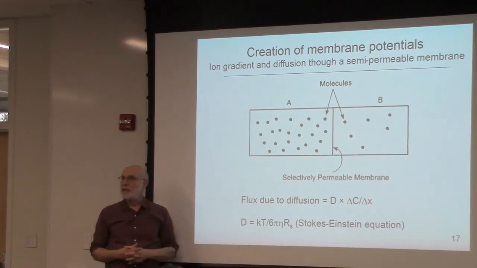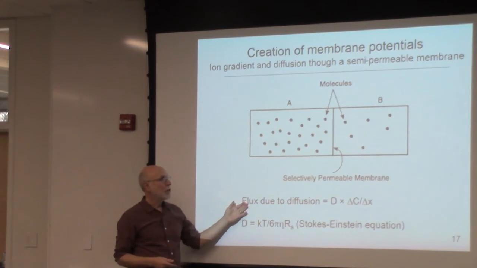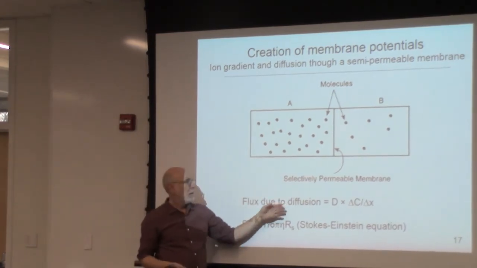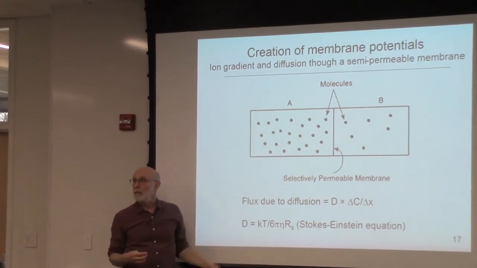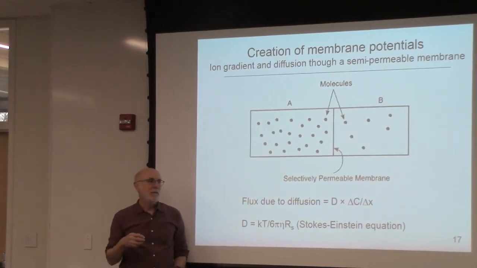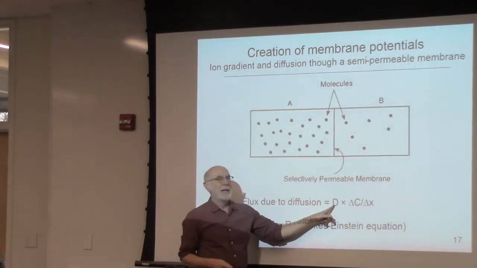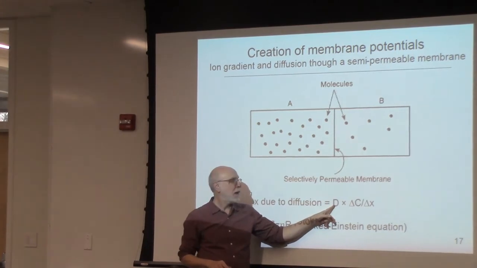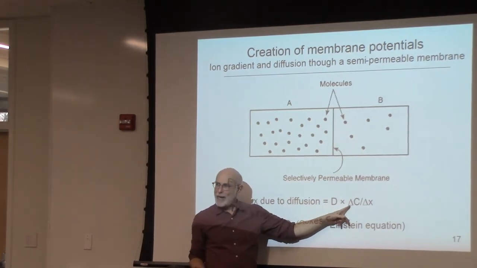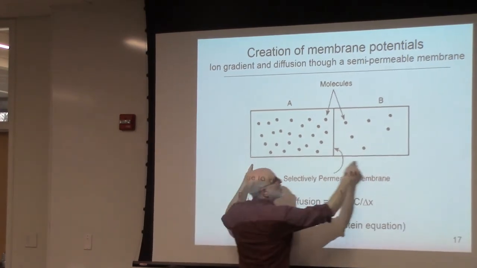And biophysicists have described the flow of solute due to diffusion. The rate of, so this is flux, is flow rate, movement in millimoles per minute or something. It's a rate. It's a constant. We're not going to get into the biophysics of the constant, times the gradient of concentration. X being, so this is the x coordinate.